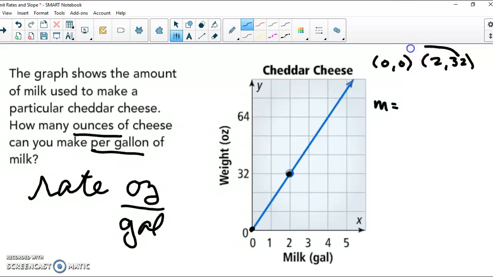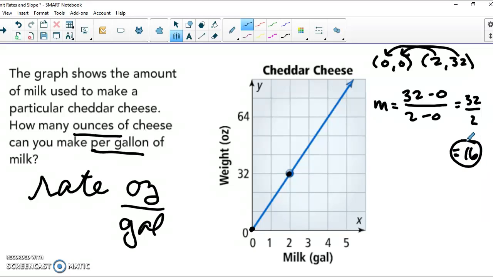So my change in y, I subtract my y coordinates, over my change in x, when I subtract my x coordinates. And I end up with 32 over 2, which I know reduces to 16. So I can make 16 ounces of cheese per gallon of milk that I use.